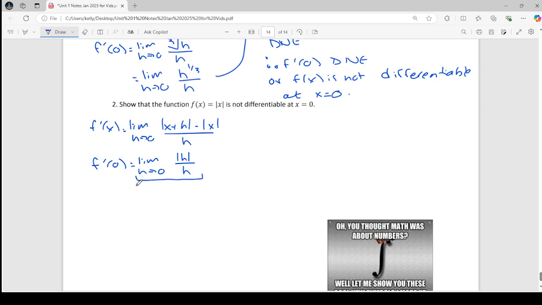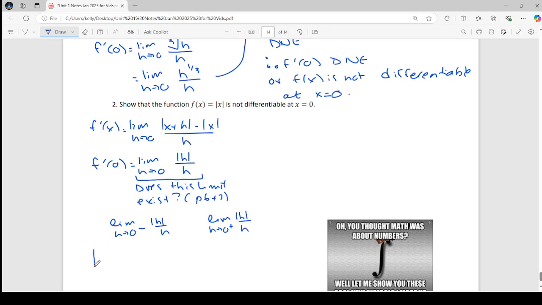So let's even ask this question: does this limit exist? You can see pages 6 and 7 as a refresher of this. What we're going to do is find the limit as we approach from the left and the limit as we approach from the right.